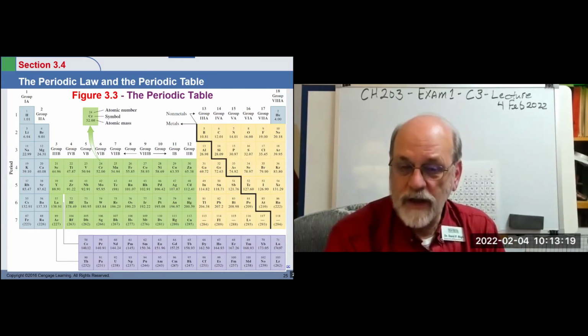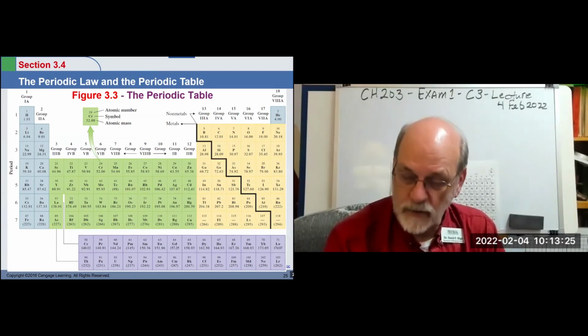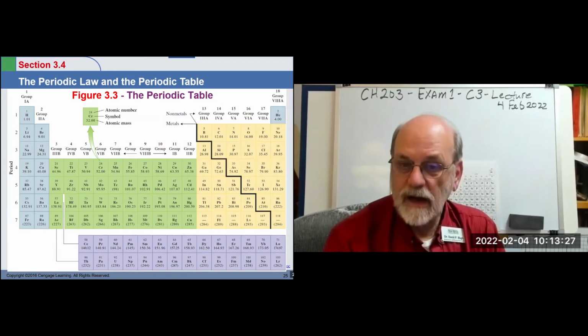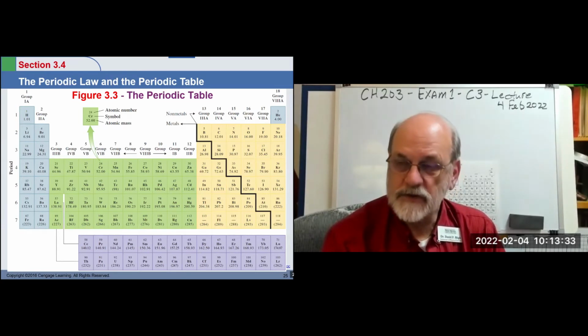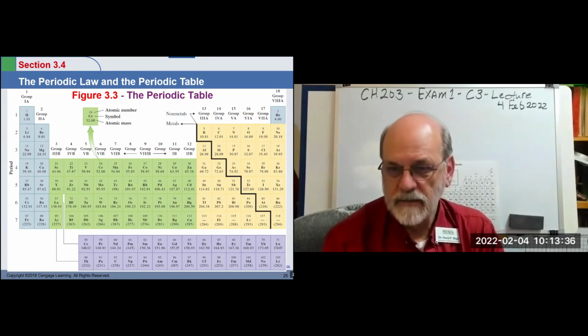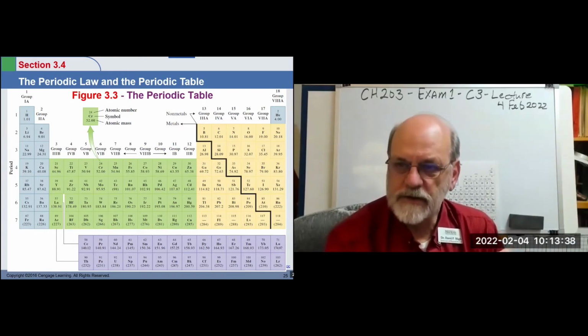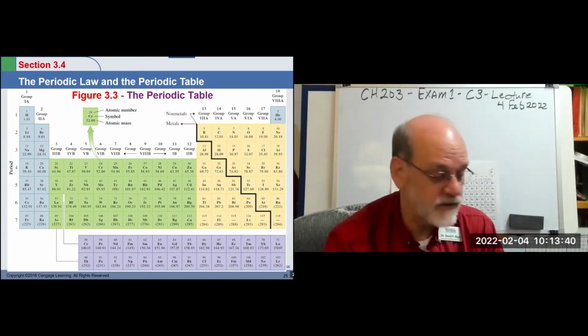And all but one of them at room temperature is solid. Mercury is a liquid at room temperature. Gallium is only a liquid just below body temperature. I think it's 35 degrees Celsius. So 37 degrees Celsius is body temperature.